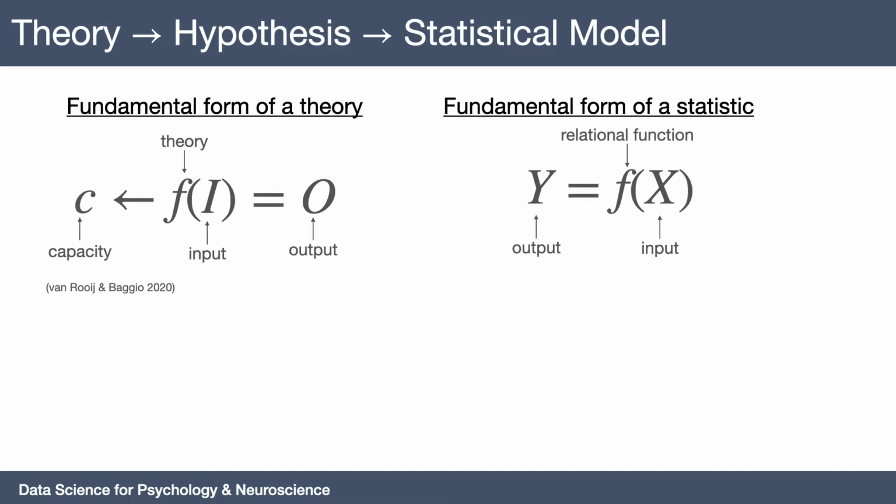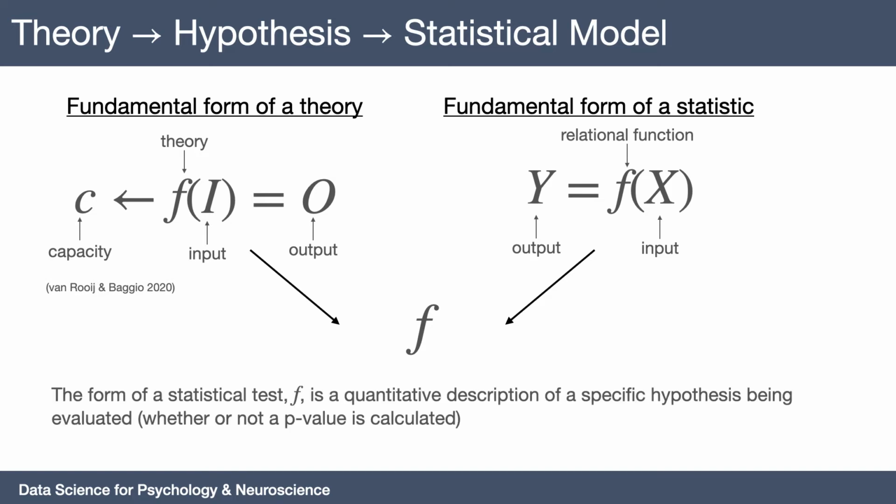Now, the art of both of these is in the description of that functional relationship. You can have your inputs, x's, you can have your outputs, y's, but understanding how they exactly relate to each other in a meaningful way is what you're trying to do with statistics. And it's also what you're trying to do with your hypotheses and your theory.